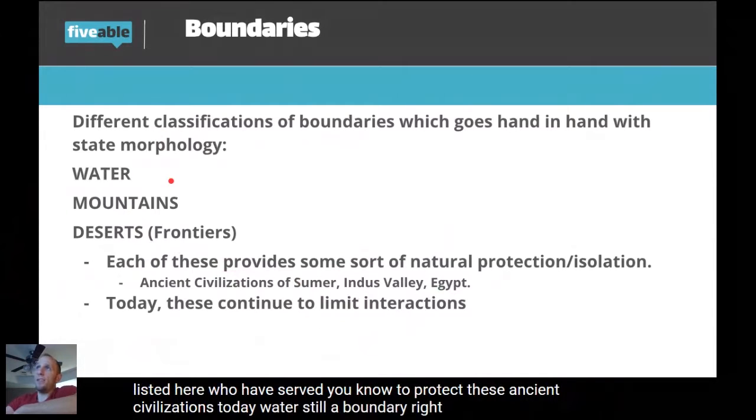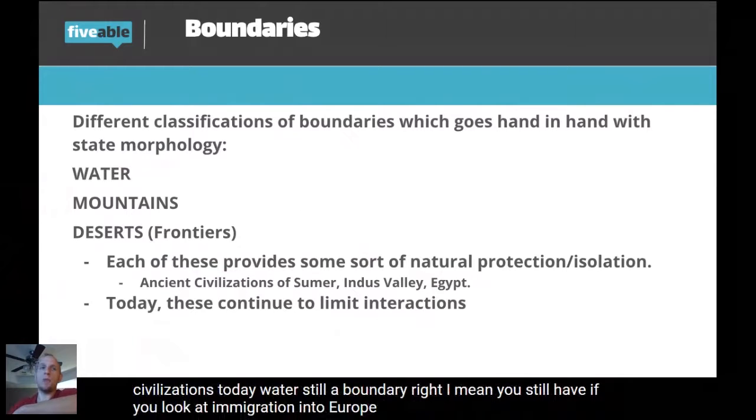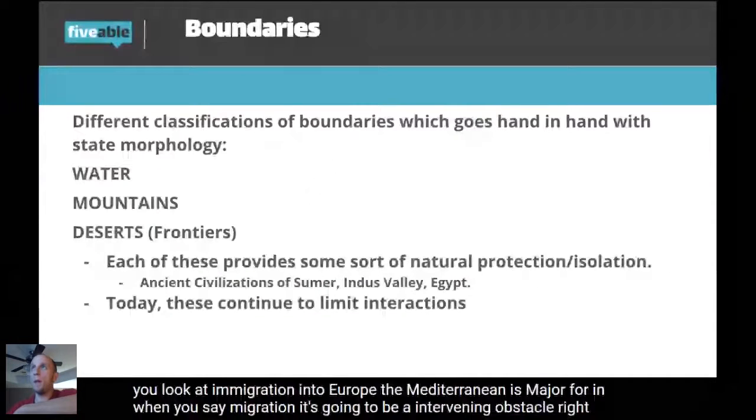Today, water is still a boundary, right? If you look at immigration into Europe, the Mediterranean is a major intervening obstacle. It's going to be something that gets in the way of people traveling from one place to another because it's water. It's hard to get across.